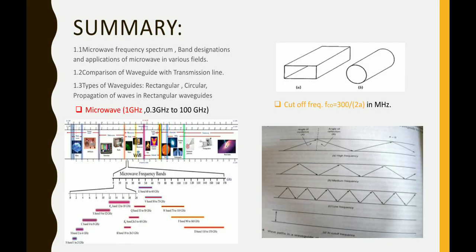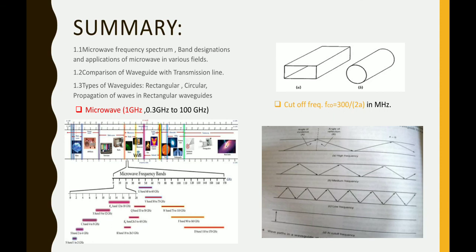So what we learned in this presentation: we saw the microwave signal and the band designations, the microwave signals of the order 1 gigahertz or higher, or 0.3 gigahertz to 100 gigahertz, or in some cases extended to the 300 gigahertz range. Then we saw the different bands of the microwave: L band, S, C, X, K, and so on.